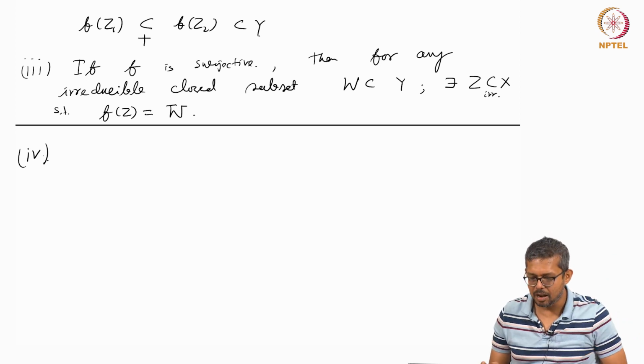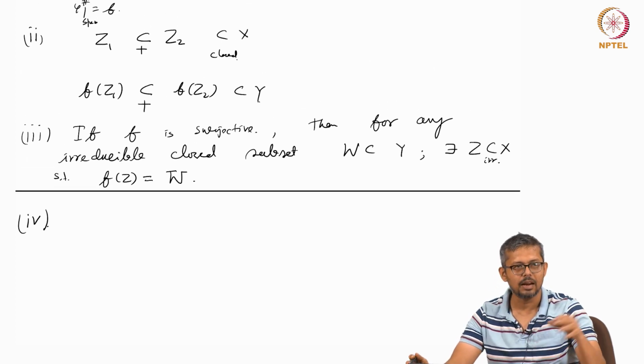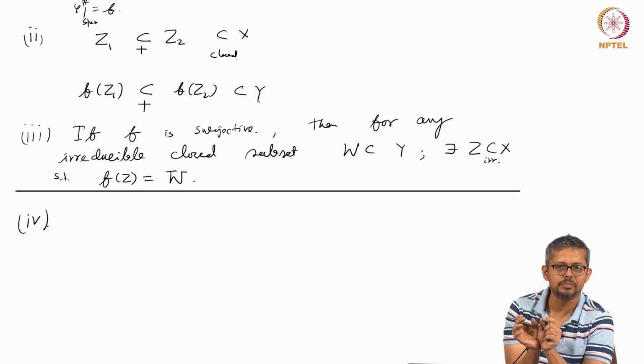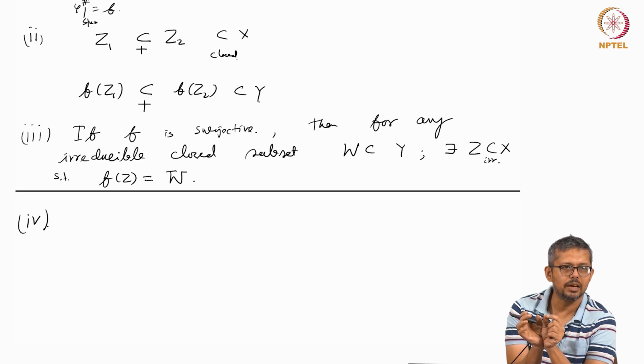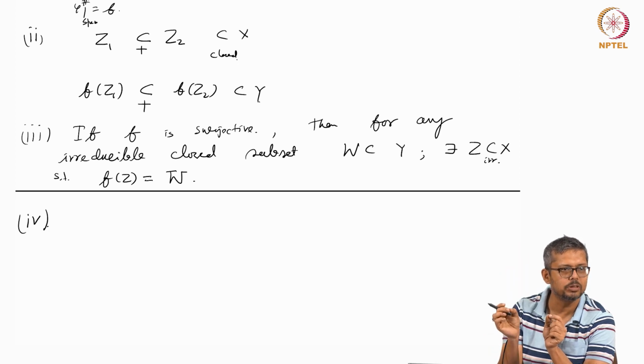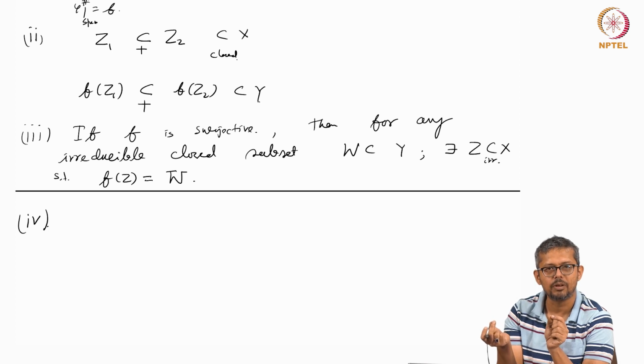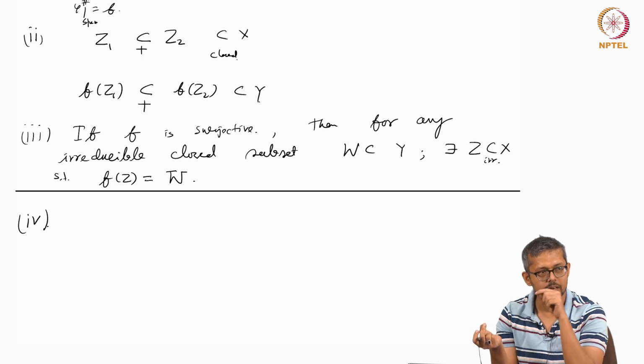But now what about the analogous statement for two? That means if I have two closed subsets, say W1 and W2, suppose W2 is a closed subset coming from some closed subset upstairs.